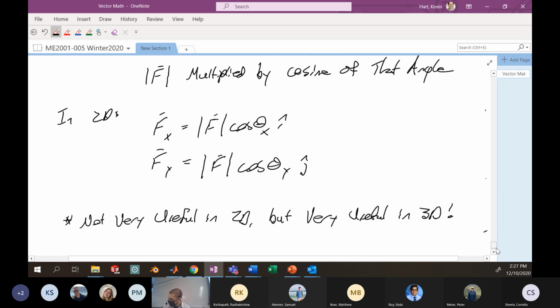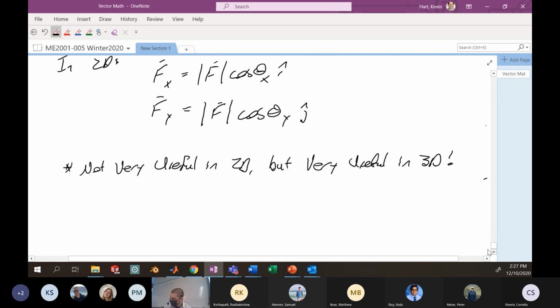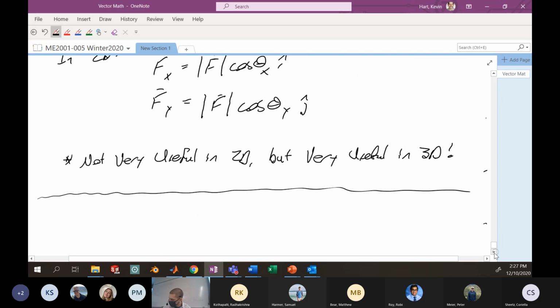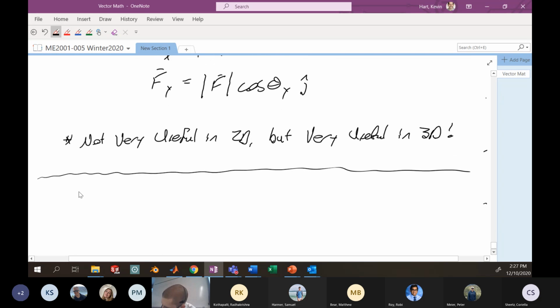Okay, so let's see what this actually looks like in 3D. In 3D, our direction cosine is basically the same idea.